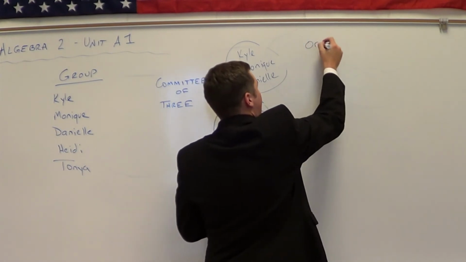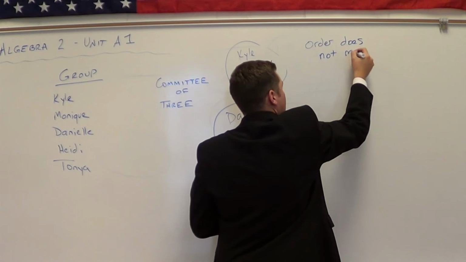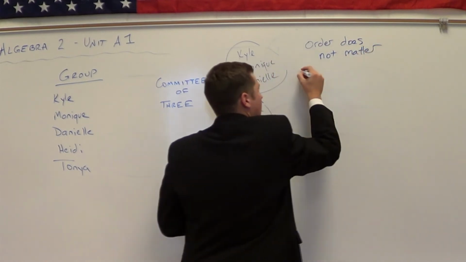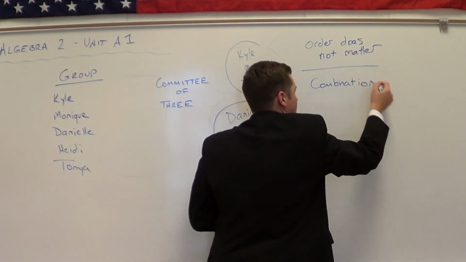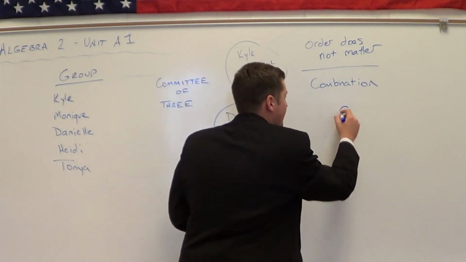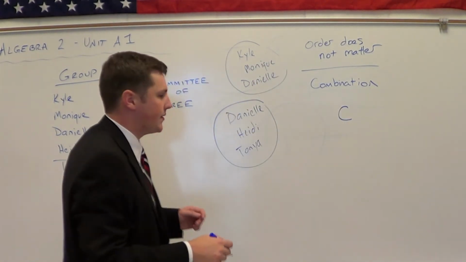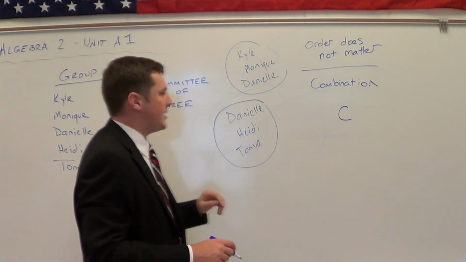When order does not matter, we call that a combination. And instead of using a big P, we're going to use a big C to talk about the different possibilities. The numbers that we put next to this are the same as with the permutation.